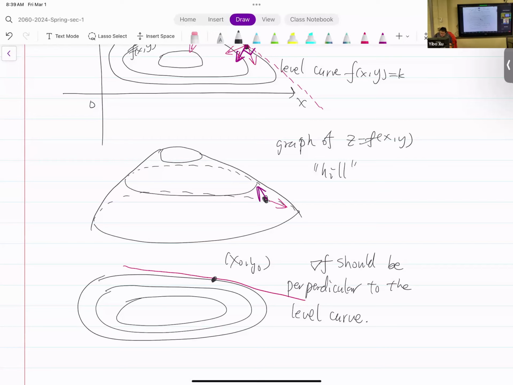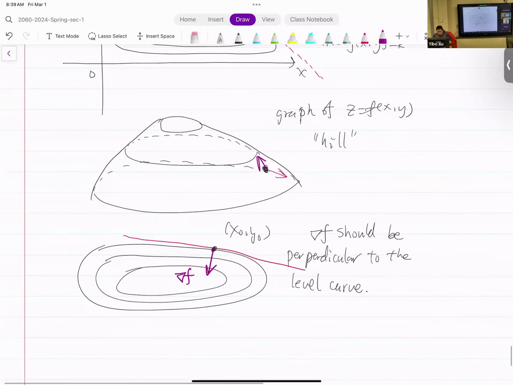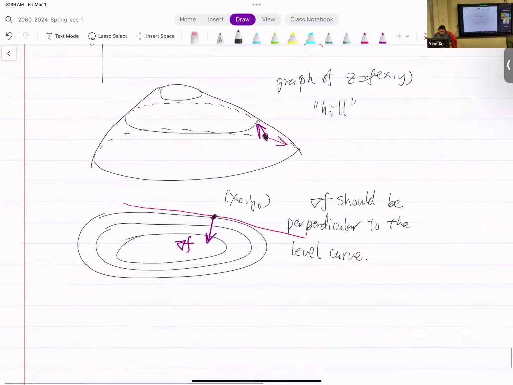So it will be a tangent line here, and if you have a higher dimension, it's going to be a tangent plane, or hyperplane. But then the gradient is actually the normal direction of this tangent. So basically, if you go along the gradient direction, it will slightly increase your functional value, and that's actually the fastest.